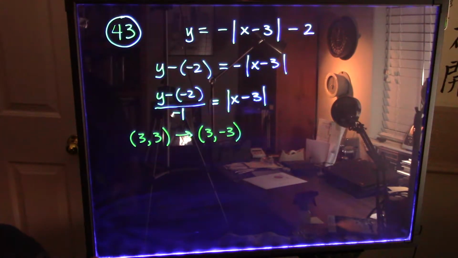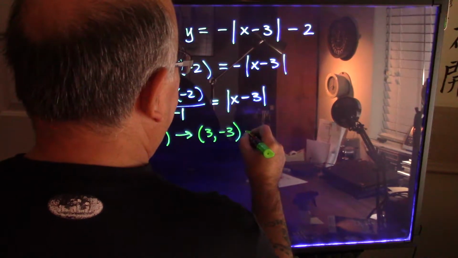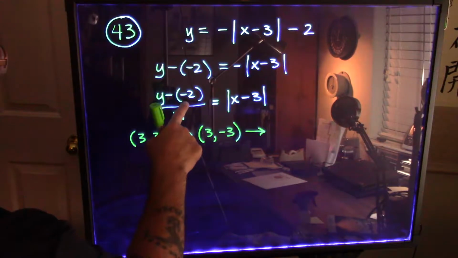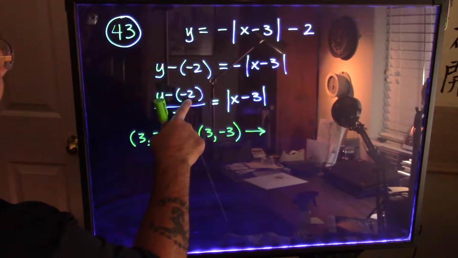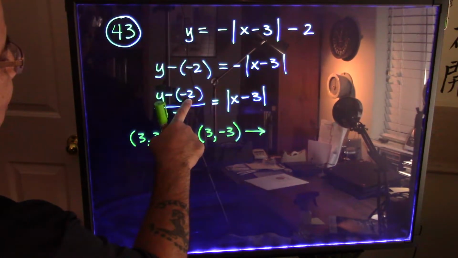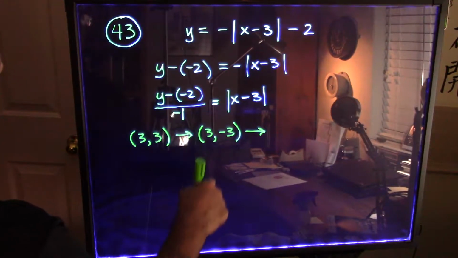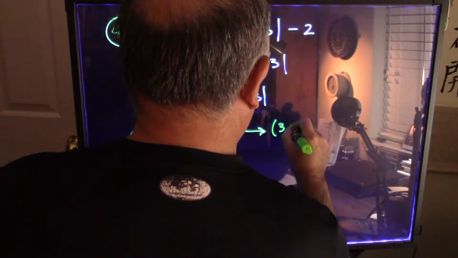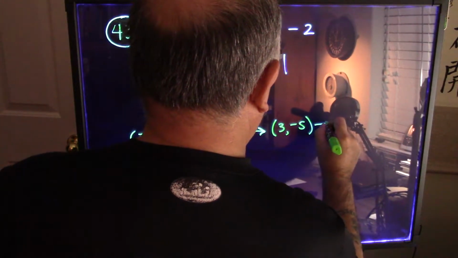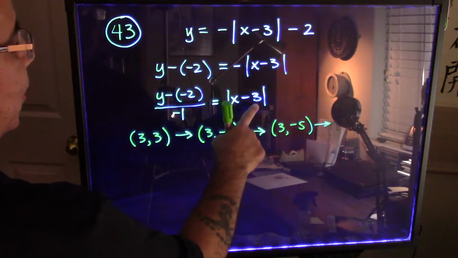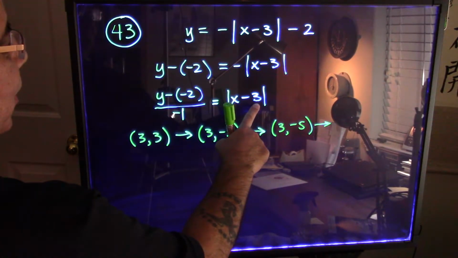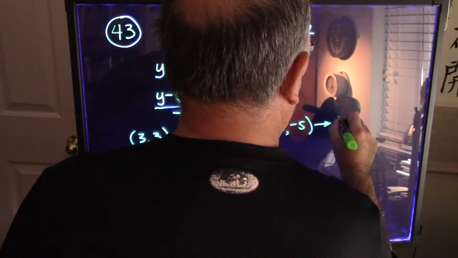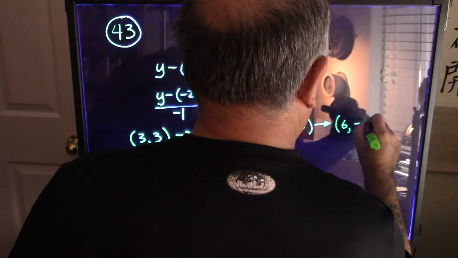And then you have a choice as to what you want to do first, either the right shift or the downshift. It doesn't matter. Let's do the downshift since we're on this side already. So you subtract 2 from the y-coordinate, you get 3, negative 5. And then one more, you do this right shift. So you add 3 to the x-coordinate, and you get 6, negative 5.